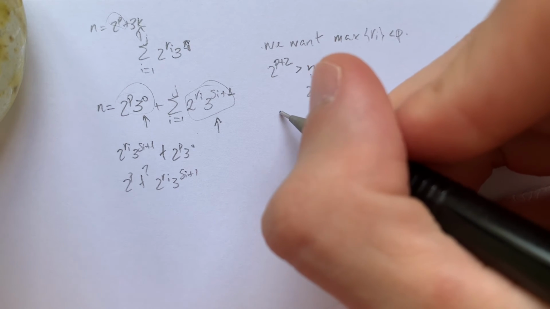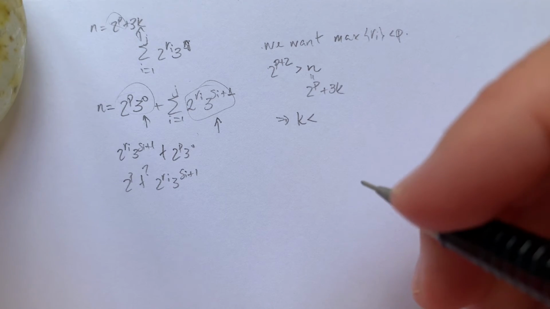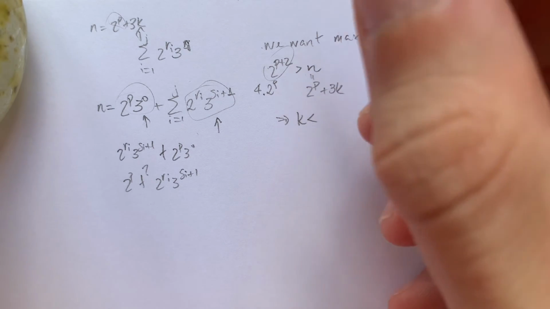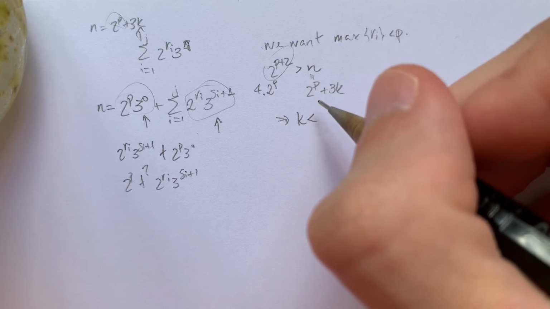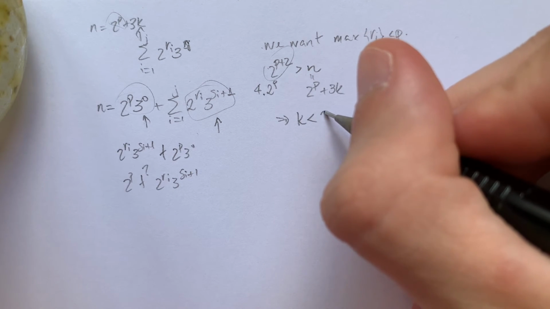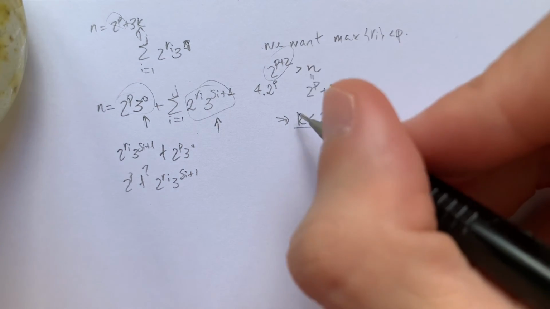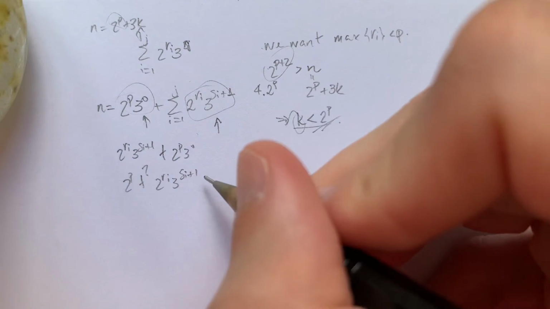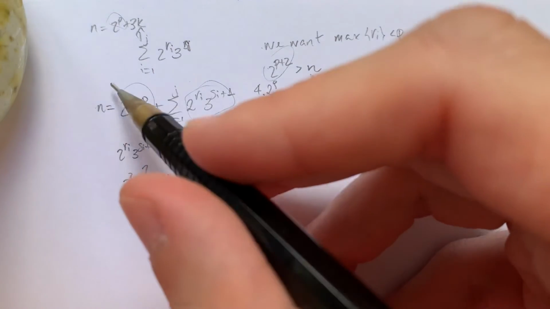So we have 3k smaller than 4 times 2 to the p minus 2 to the p, so 3k is smaller than 3 times 2 to the p, and we cancel the 3. Since k is smaller than 2 to the p, every summand here must also be smaller, and so this is also true, and we've constructed a representation for n by induction.